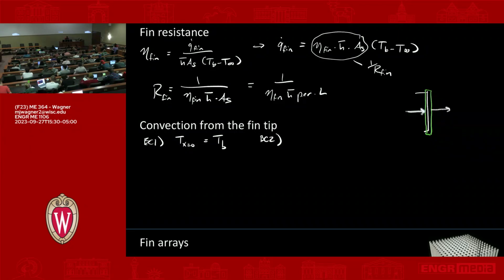Leaving the end of the fin, you have heat flow due to whatever rate equation, convection or radiation. This control volume is infinitely thin, so there's no heat loss from the top or the bottom of this control surface. Sorry, maybe I said control volume. This green box is my control surface. So I'm just looking at what's coming in and what's leaving.